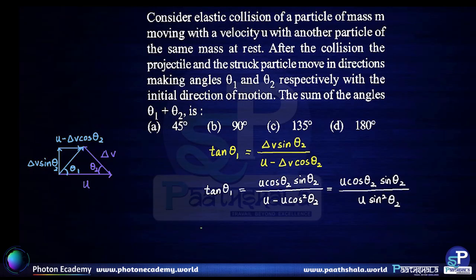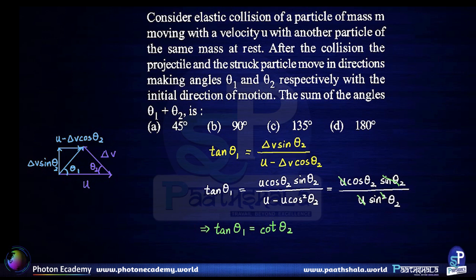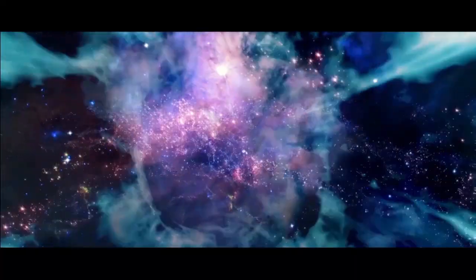Therefore, this gives us tan θ1 is equal to, we can have u cancel out, sin θ2 cancel out, cos θ2 by sin θ2 is cot θ2. And if θ1 and θ2 are complementary angles as given by this equation here, the sum of θ1 and θ2 must be 90 degrees.